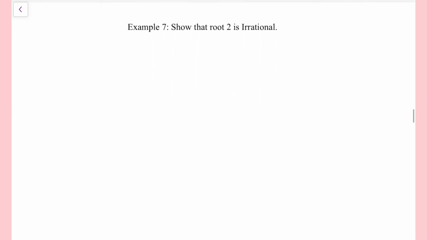Next, show that root 2 is irrational number. So we will prove this by using a method called contrary method, or else proof by contradiction. Okay, let us start doing this. For these kind of questions, these first sentences are compulsory.